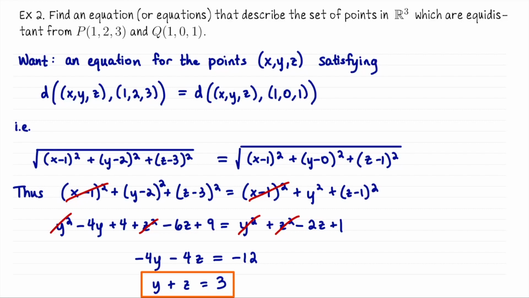Now, more and more as we work through the semester, you'll start to recognize what kind of object you're looking at. So what is this? Well, notice that it has no dependence on x. X is totally arbitrary. If I sketch y plus z equals 3 in the yz plane, let's see, I could write z equals negative y plus 3. So that's going to be a straight line like this.